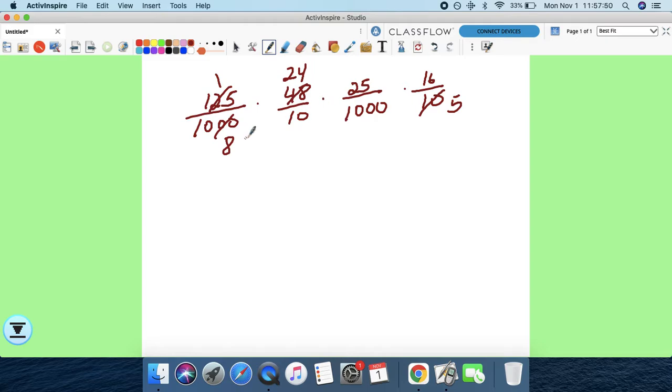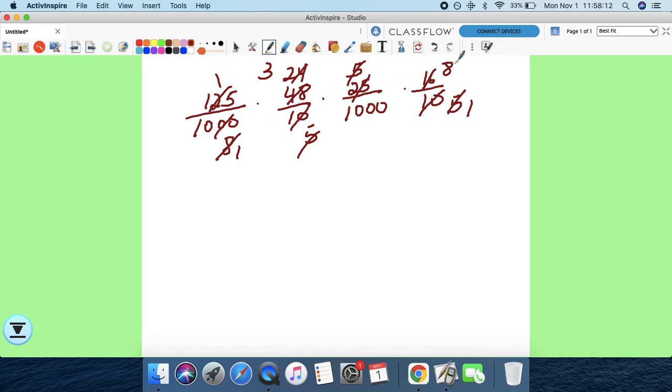Let's see if I can divide anything. 8 divided by 8 is 1. We can do 5 and 25. 5 divided by 5 is 1. 25 divided by 5 is 5. 10 divided by 2 is 5. 16 divided by 2 is 8. And then this 5 and this 8 can go away. Is there anything else?